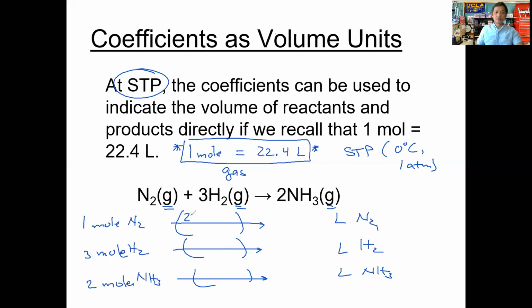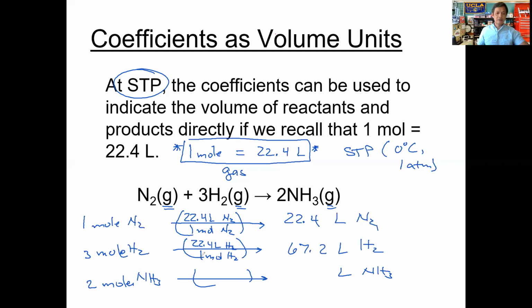We'll plug in 22.4 liters of nitrogen over 1 mole of nitrogen, and we end up here with 22.4 liters. Do the same thing for the hydrogen. We plug in 22.4 liters of hydrogen for every 1 mole of hydrogen, and we get 67.2 liters.